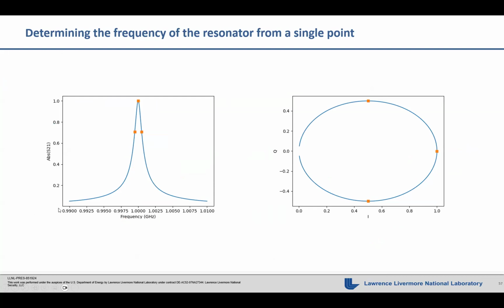If we look at the transmission of a superconducting resonator as a function of frequency, we get either a peak or a dip, a band pass or band stop filter. If we look at the phase of the returned wave, the IQ graph, it looks like a circle. So the way to read this graph: we send in a pulse, a cosine omega t pulse, to probe the resonance frequency.